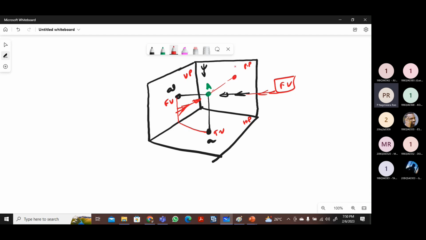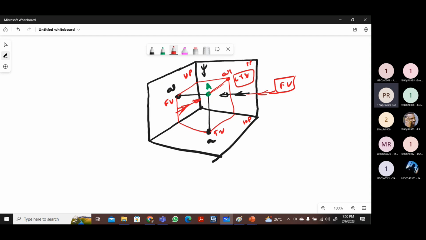The name of this image is the left side view. I will draw neatly. The image is called A double dash. This is a left side view and we are getting it on the profile plane. So the arrangement will be like this.